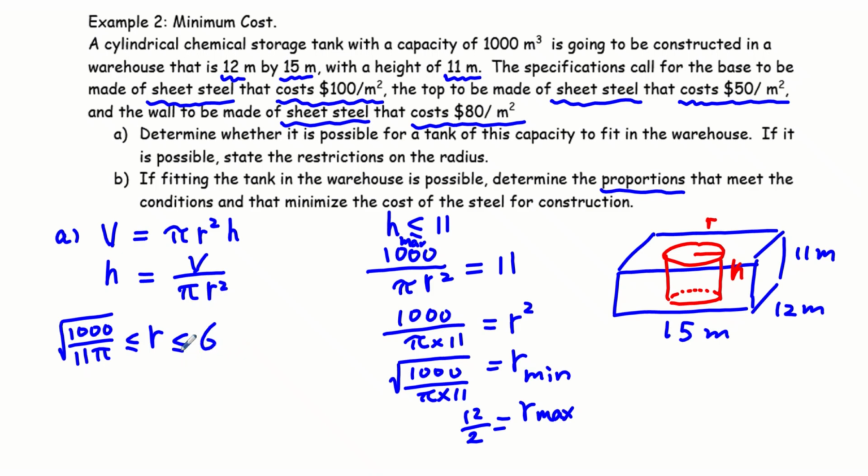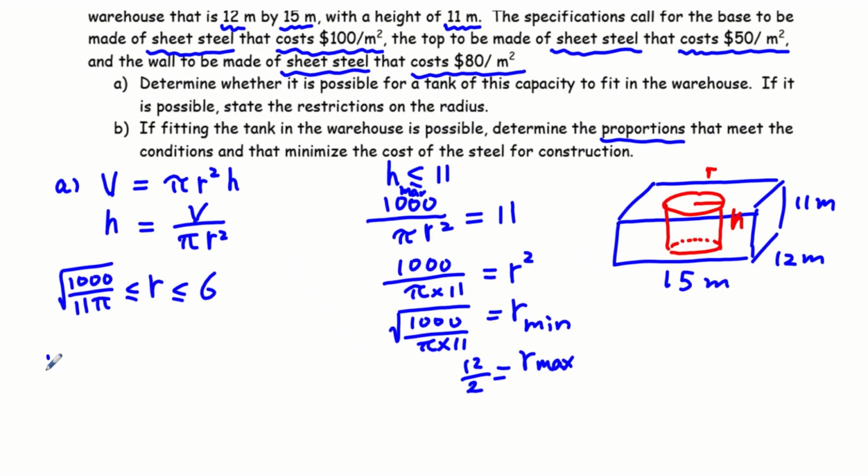Then after that, we are going to see the cost. And in the cost, it asks you to minimize the cost. So it means y equals whatever the maximum or minimum quantity. So y represents the cost.